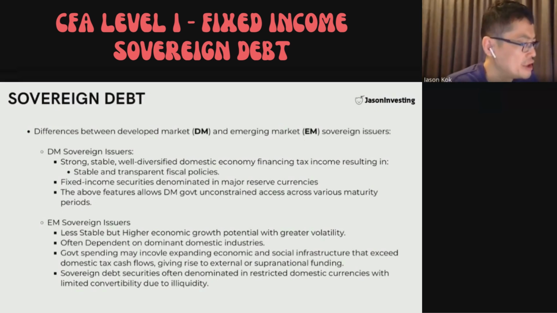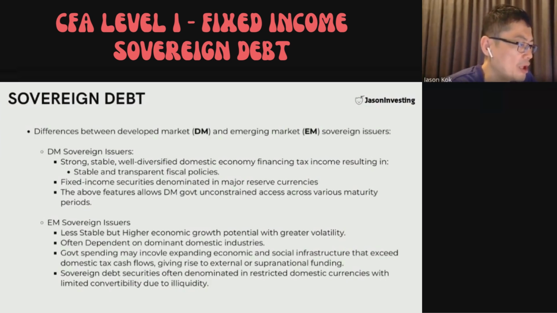Whereas emerging markets are generally less stable, but they have higher economic growth, coupled with greater volatility. Developed markets have lower growth potential, normally 1 to 3%, but emerging markets have higher GDP growth, around 7 to 10%, with greater volatility.